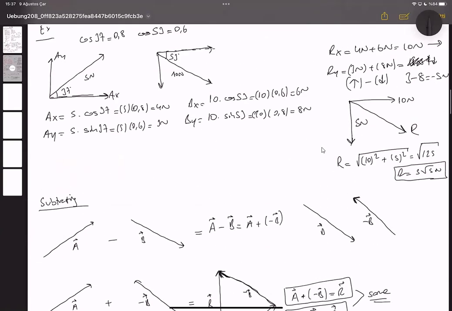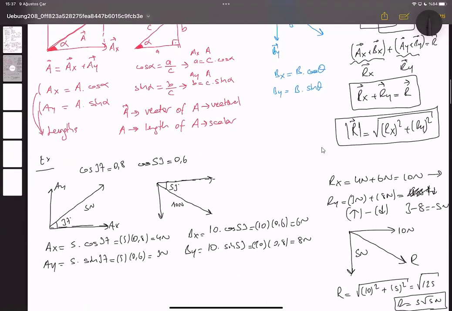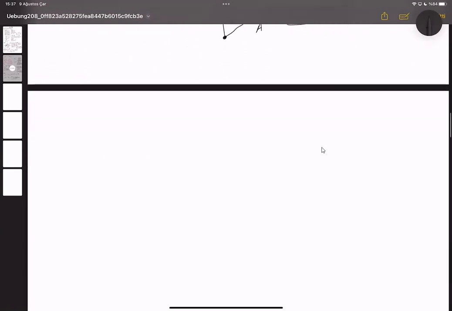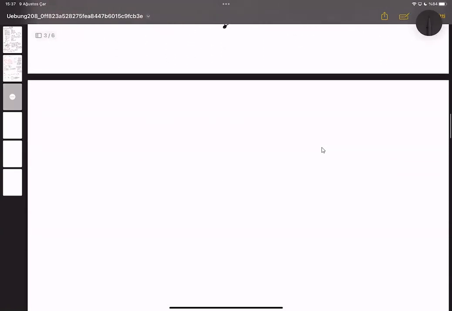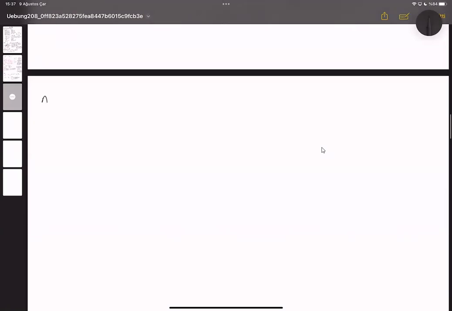To separate the components with this method, you can use, for example, a plus minus b equals ax plus ay plus negative bx and negative by.